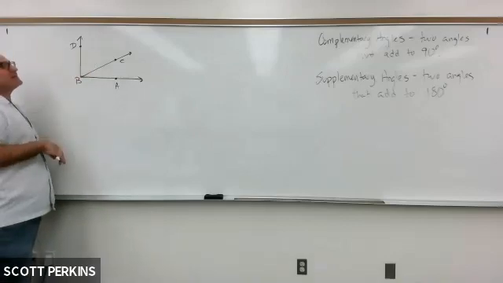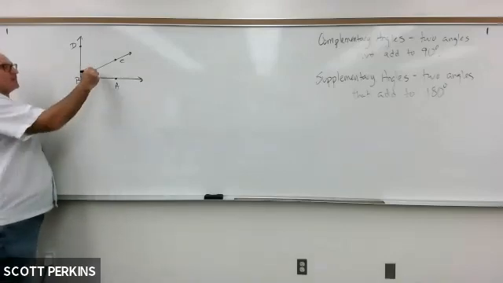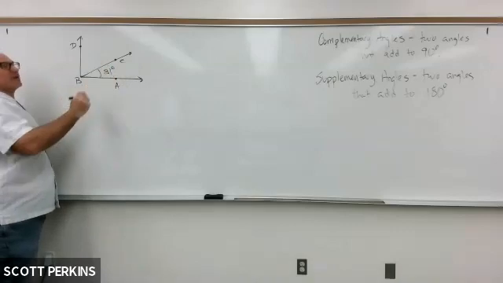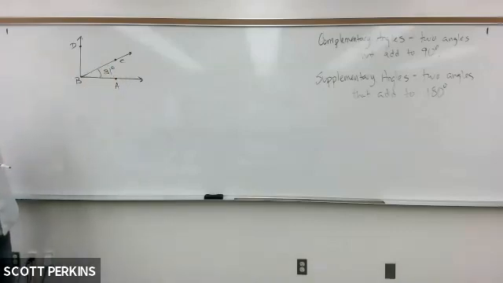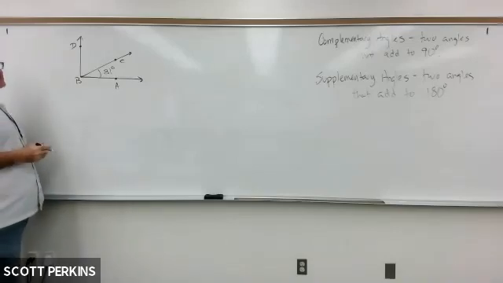Anyway, all that to say is, here's my picture. And I'm going to define this angle here to be 31 degrees. And then here's the problem that we're going to answer.